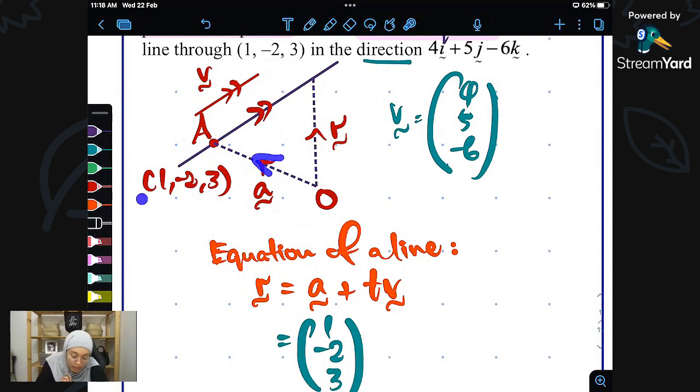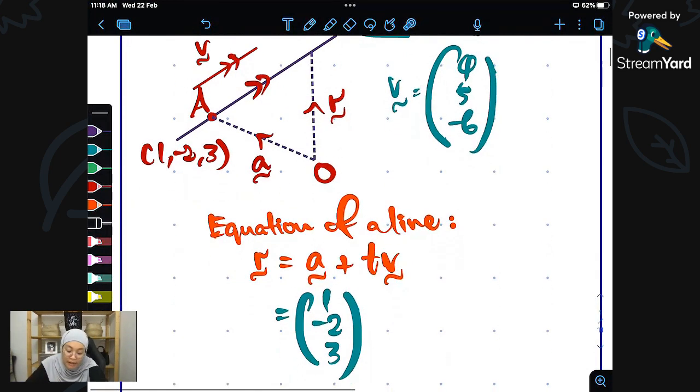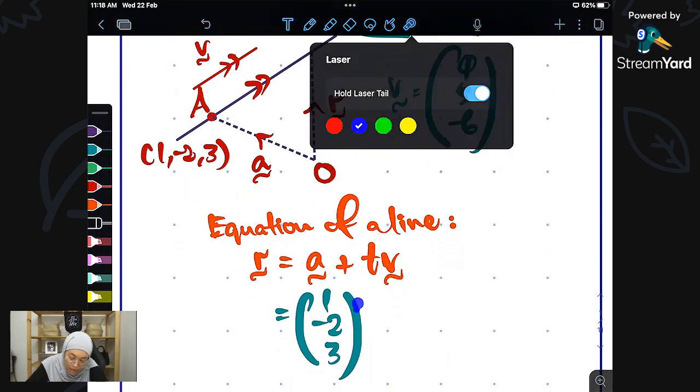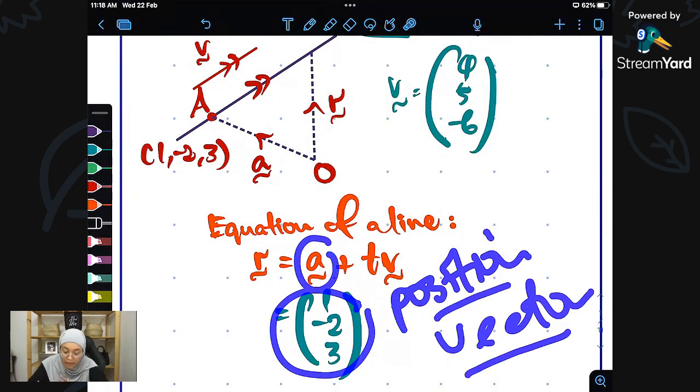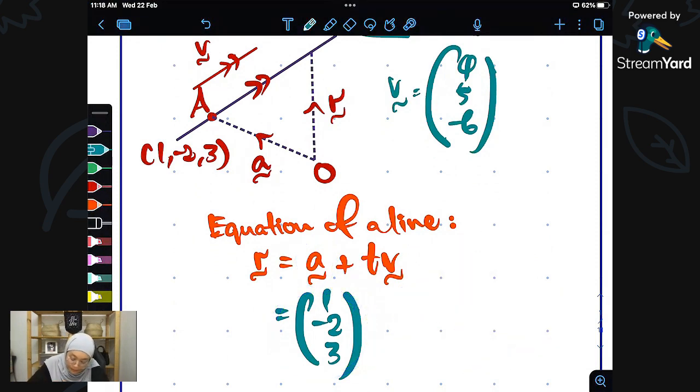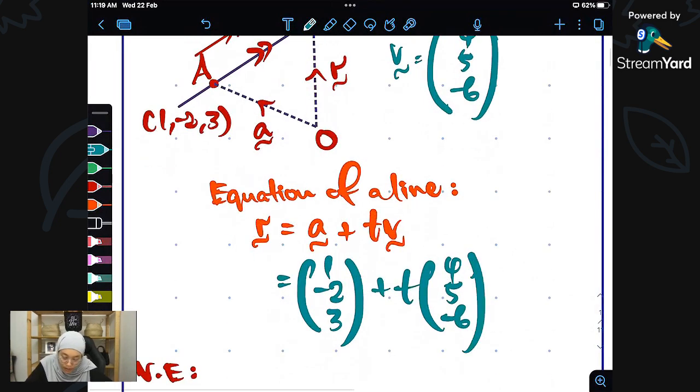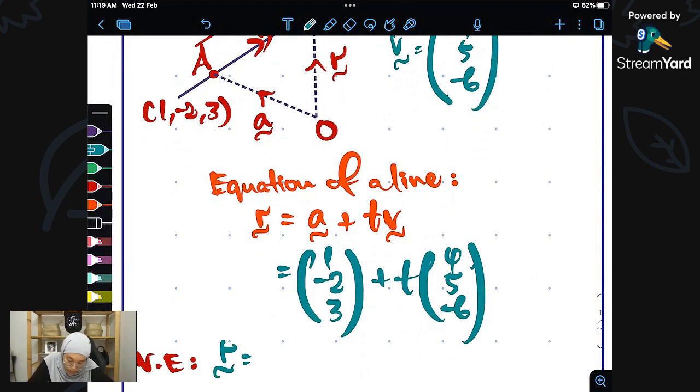So we have a direction. So 1, -2, 3 is a position vector. Sorry, A is a position vector. Hafal perkataan ni, very important. Position vector, all right, from origin. So plus with the T, so now we are going to plus with the TV. V is 4, 5, -6. And so our answer is just R is equals to I minus 2J plus 3K plus with T ya.